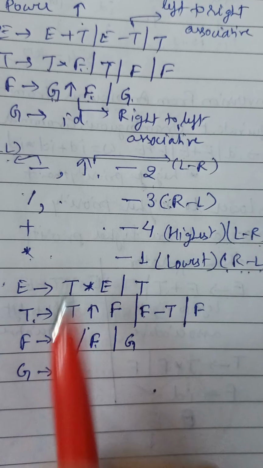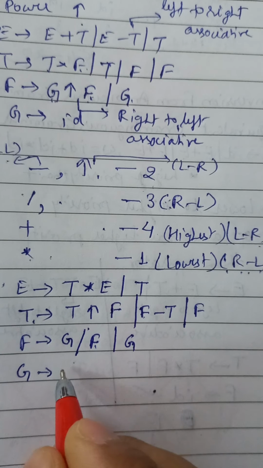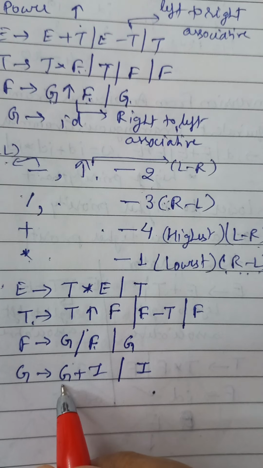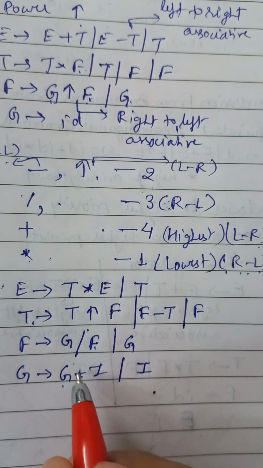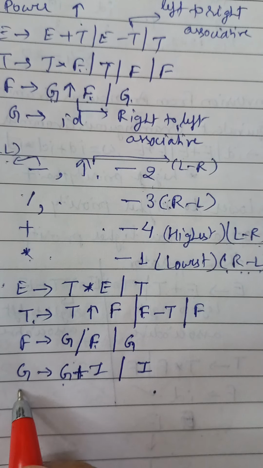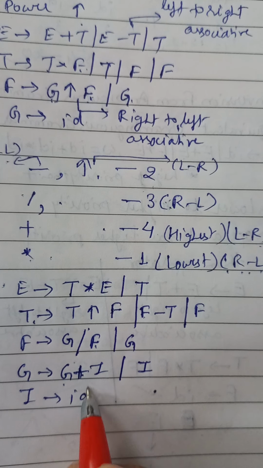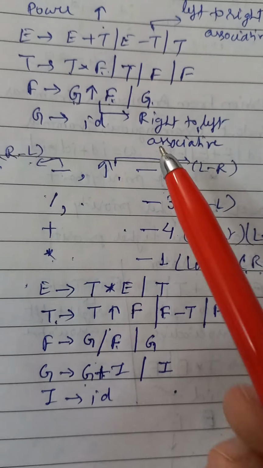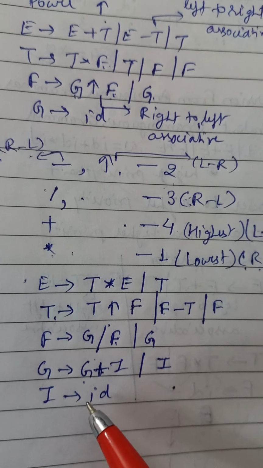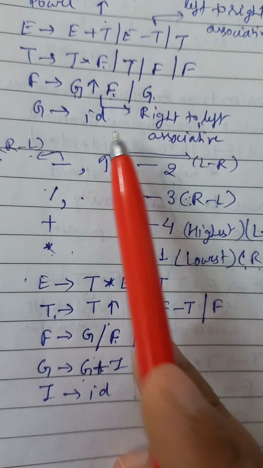So G goes to G plus I oblique I, old variable plus new variable oblique new variable, and I tends to ID. I tends to ID because we are writing this for the same grammar. That's why whatever the last variable is, it tends to ID.